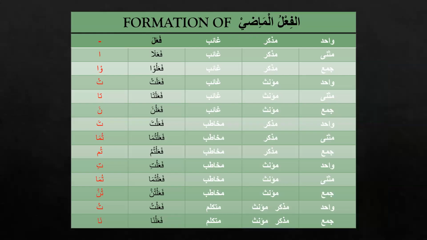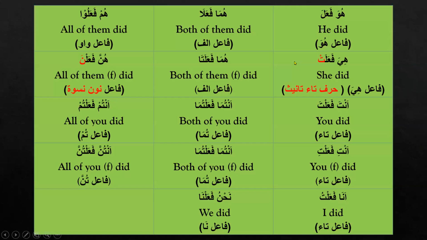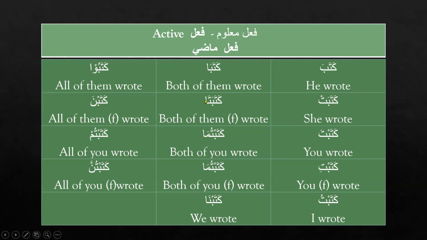This is a chart for Fa'il Madi Ma'loom. And here we use the root letters Noon, Sad, and Ra, Nasara. Here we use Fa'ala, three root letters, Fa, Ain, and Lam. And here we have used the Kaf, Ta, and Ba, the root letters. Kataba, katabа, katabu, katabat, katabata, katabna.